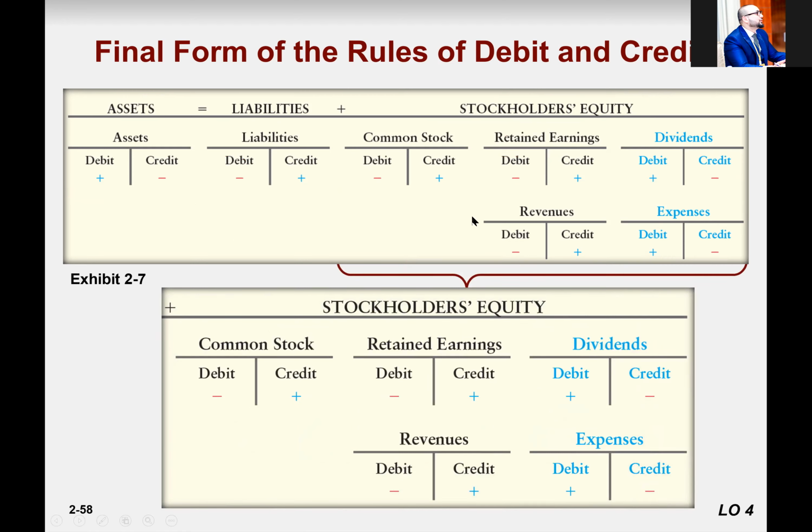Similarly with the stockholder equity, if stockholder equity increases, credit. Retained earning increases, credit. Revenue increases, credit. But if dividend increases, it's debited. Expenses increase, it is debited. Right, guys?